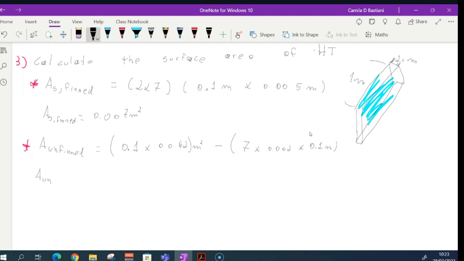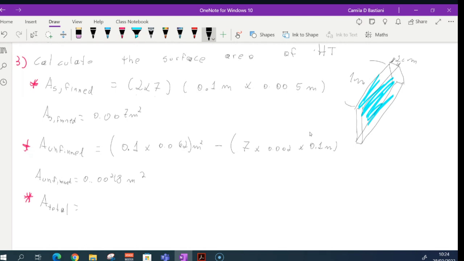So my unfinned area is going to be 0.0048 meters square.